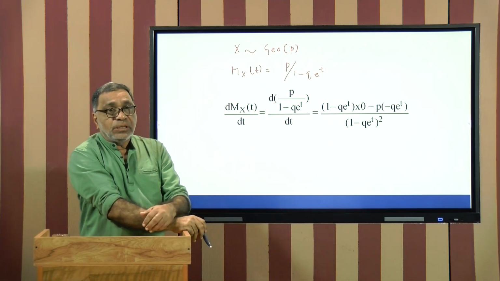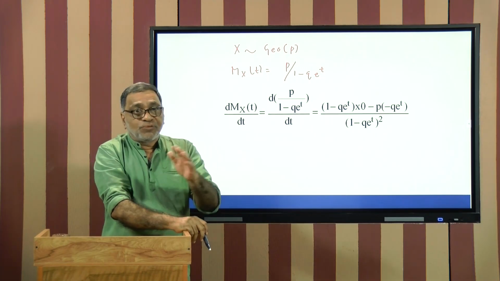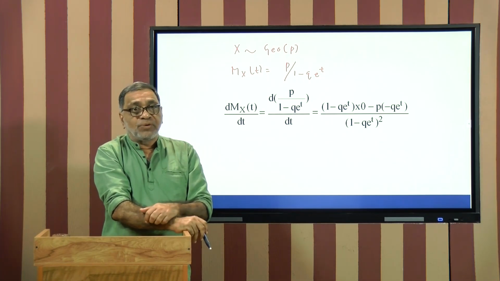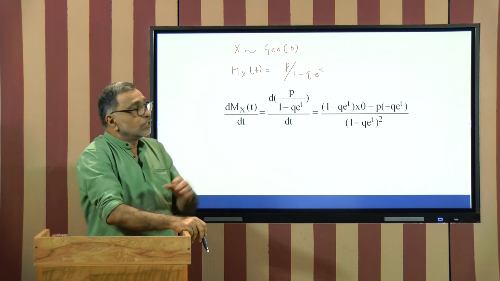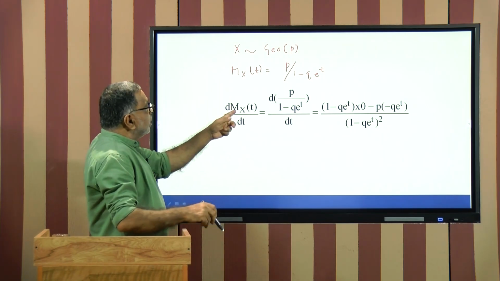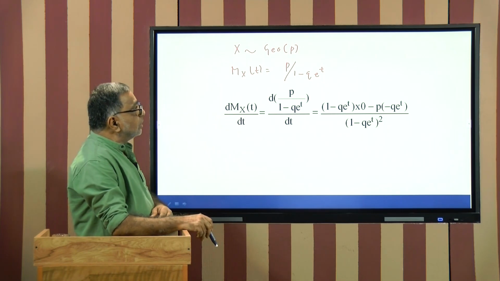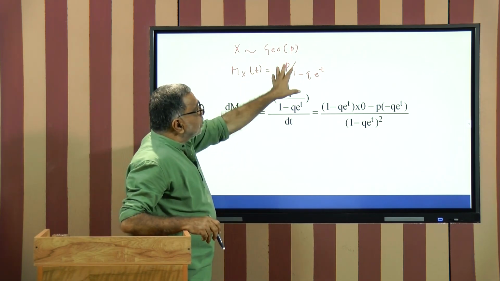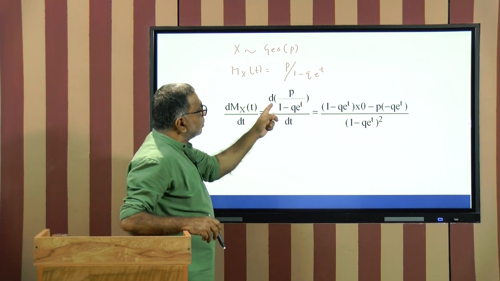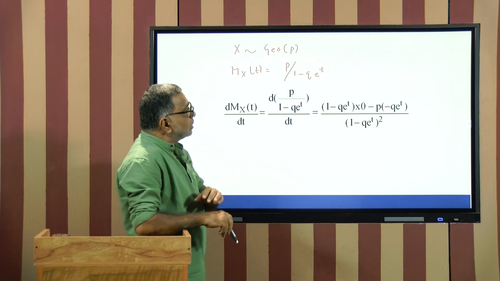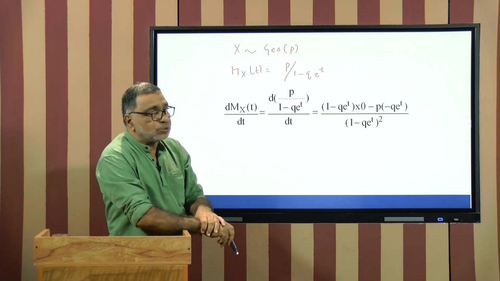And what are we doing? We are differentiating the moment generating function with respect to t. So, that means we are finding dMX(t) by dt, that is the derivative of p divided by 1 minus q e power t with respect to t.